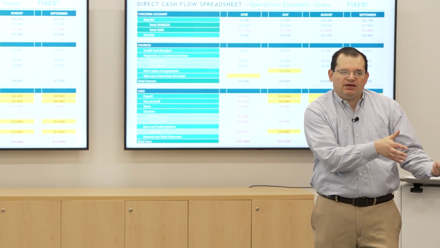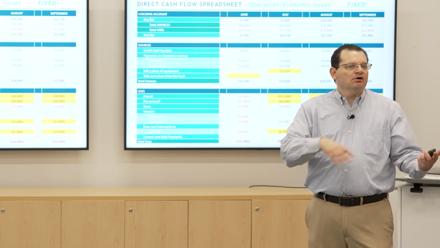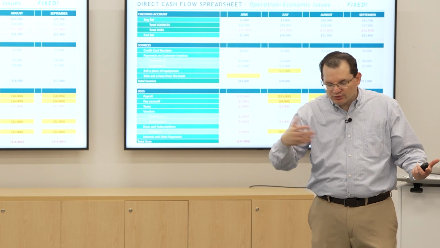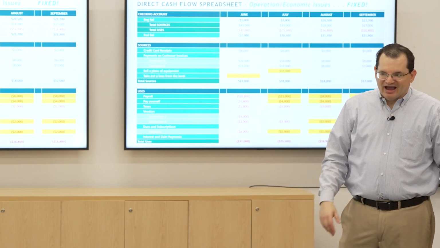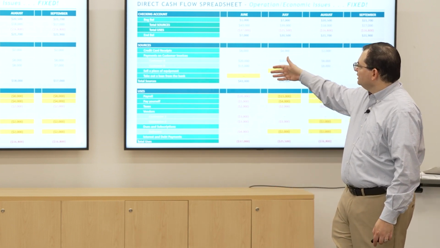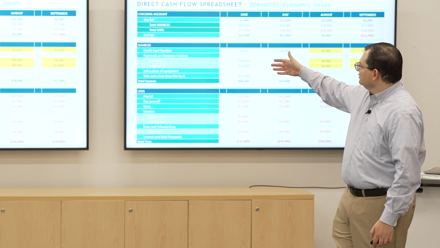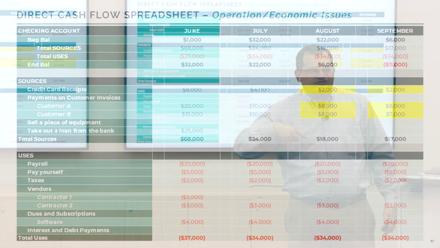We have the leading indicators telling us it's a business cycle or there's something operationally going on in the business. We need time to fix it. The business needs to dial itself back because you can't be spending like this. You can't in September have $17,000 coming in, $18,000 coming in August, but you're burning $34,000 a month.